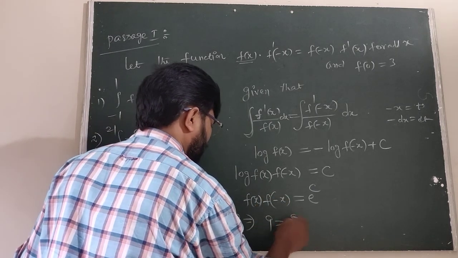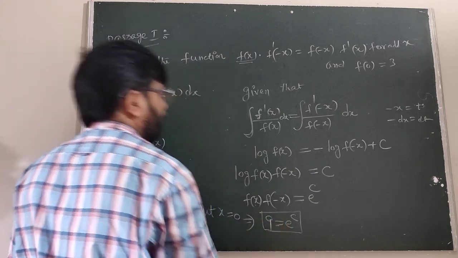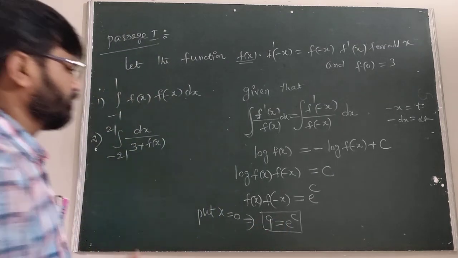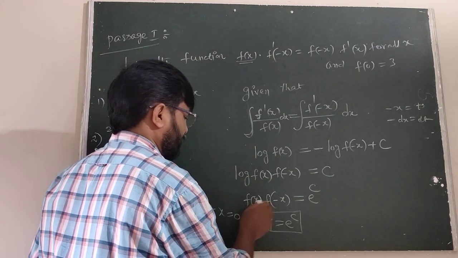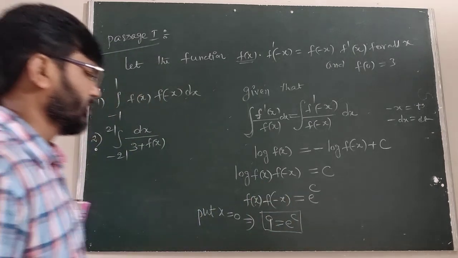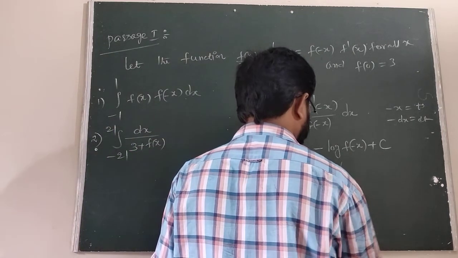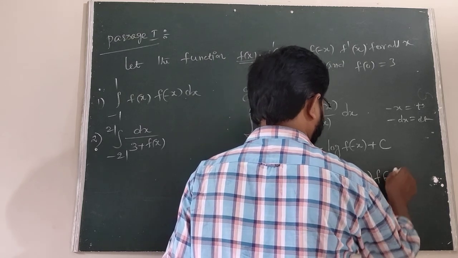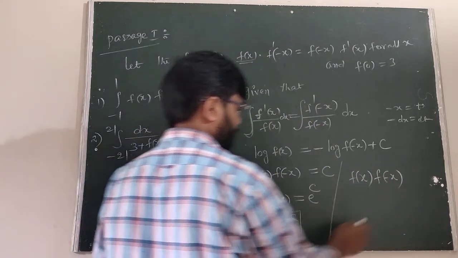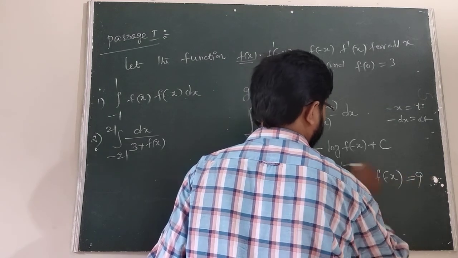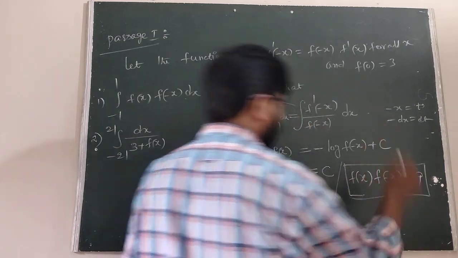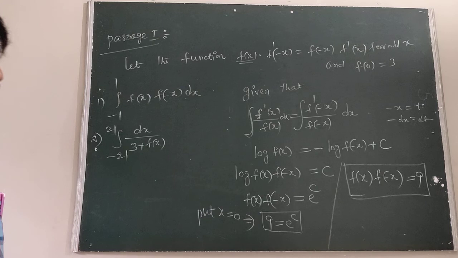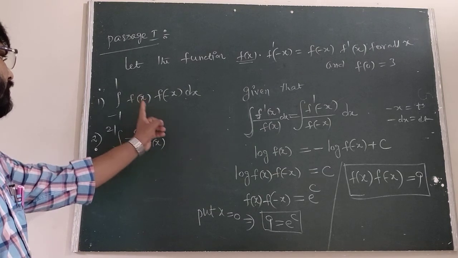This is the value of e^c. So f(x) f(-x) = e^c, and e^c is nothing but 9. Is it clear? f(x) f(-x) is 9. So now we find this value.